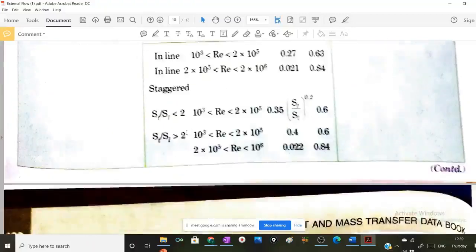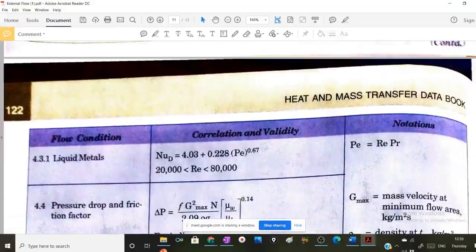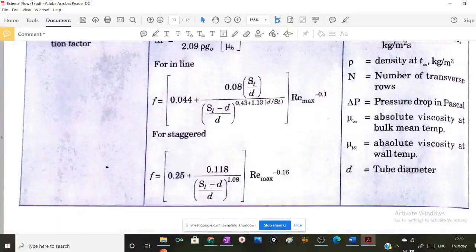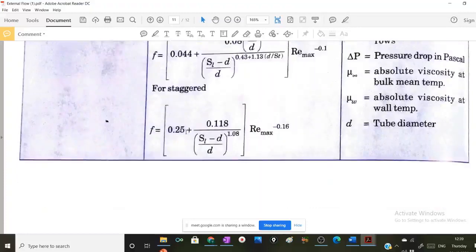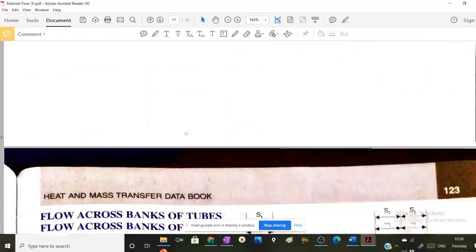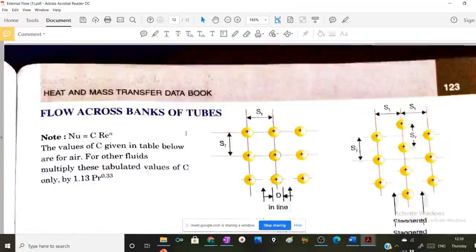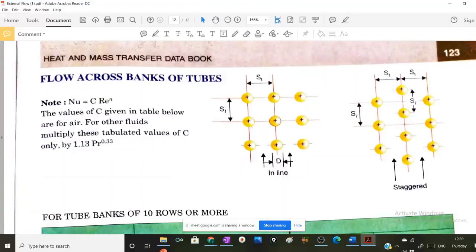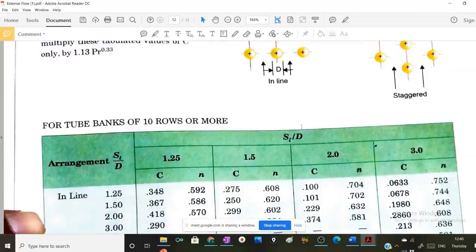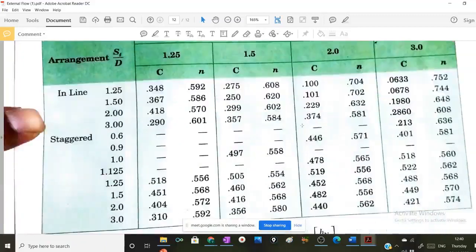Please refer to your data book, page number 122. Depending upon whether the fluid is gas, liquid metal, or any other substance, the formula will change. These are the arrangements of tubes in the banks, whether inline or staggered. Not to worry, I will be explaining everything.